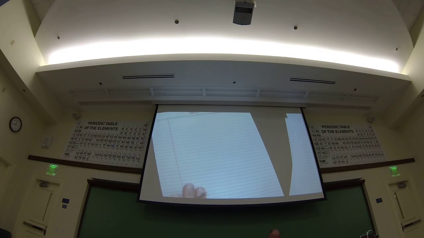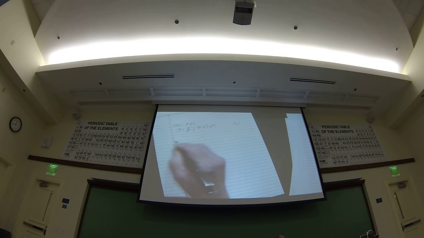Now we're going to play with the Van der Waals equation: P plus a over V squared, times V minus b, equals RT. I call that equation 1.